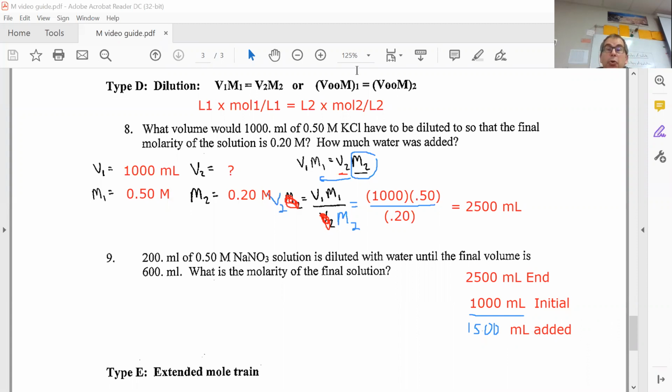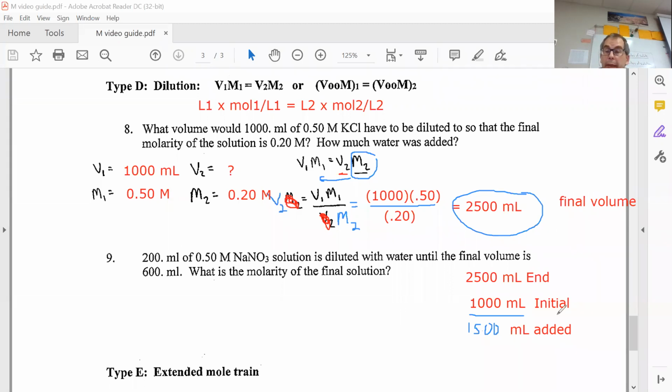So there are two questions here. One asks, what is the final volume? That's this, the V2 or final volume. And the other thing that was asked, how much water was added?